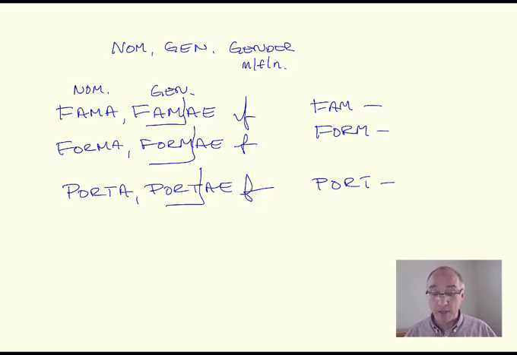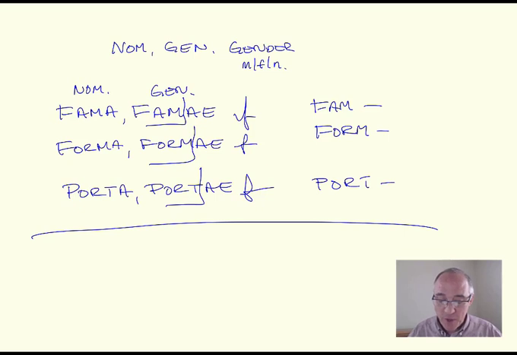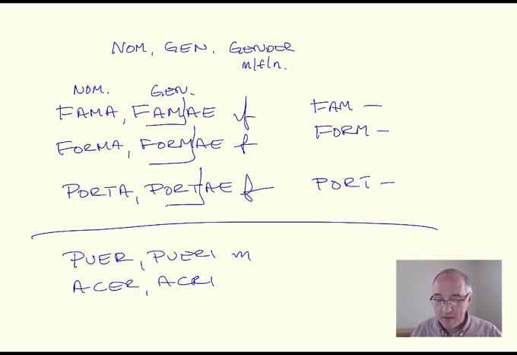Now I hear you. Wait a minute, Mr. Bessie. I'm looking at these. What possible difference does it make if I go to the first one or the second one? Because they're both exactly the same. For now, they're exactly the same. What are you going to do when you get to a word like puer, pueri, masculine, or acer, acri, masculine?